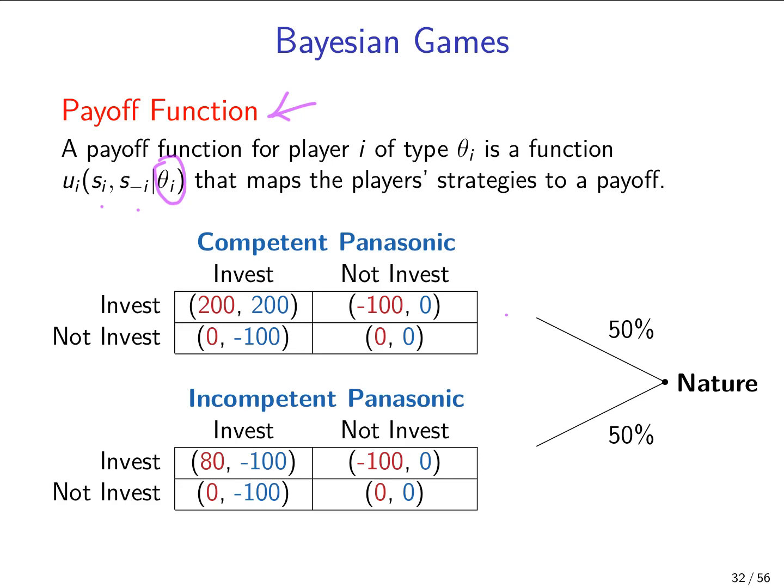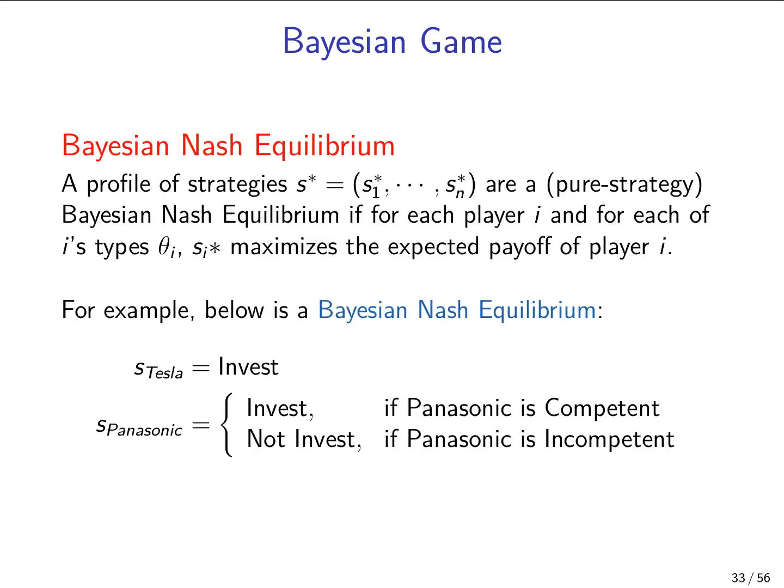And if Panasonic is incompetent, this payoff matrix gives us the payoff of Tesla and Panasonic depending on how they choose their actions. So with all these elements, we describe a Bayesian game. And how do we solve this Bayesian game?